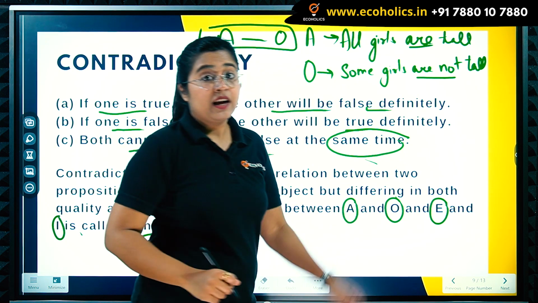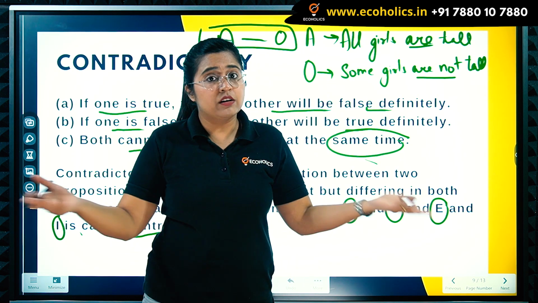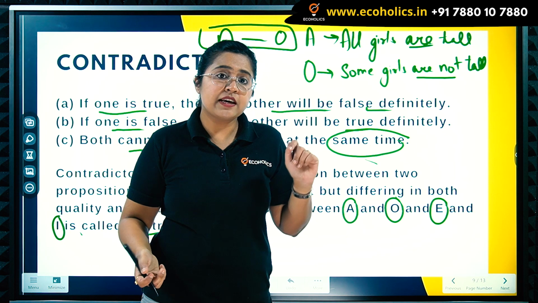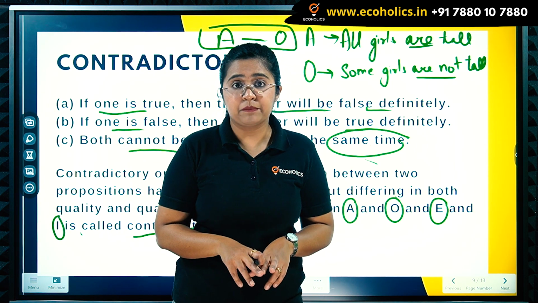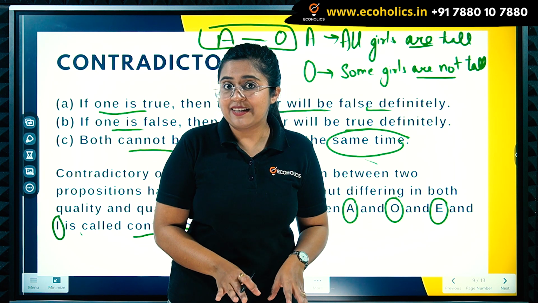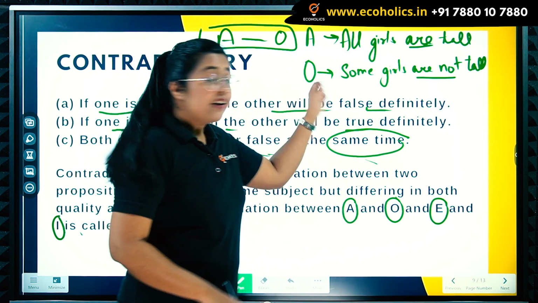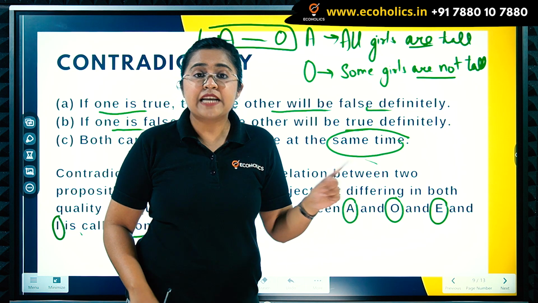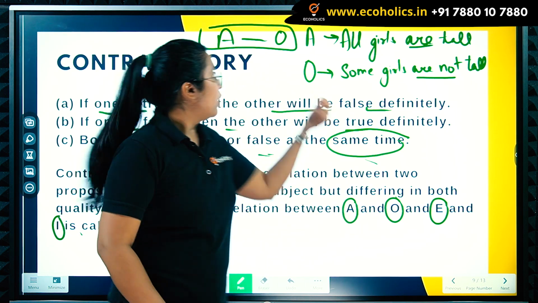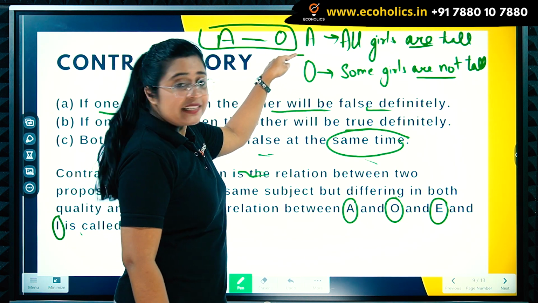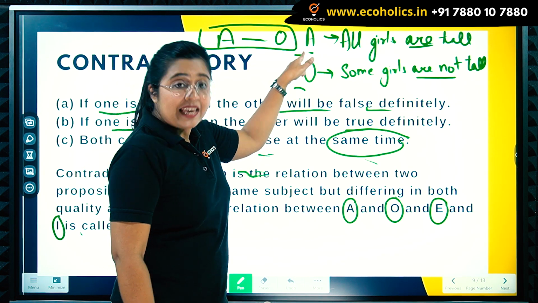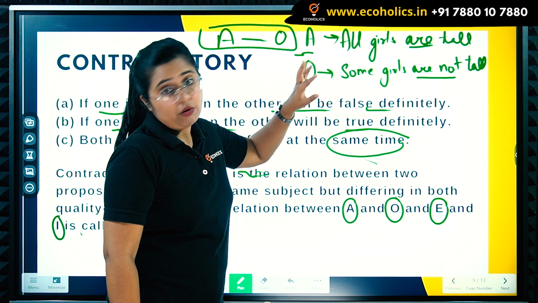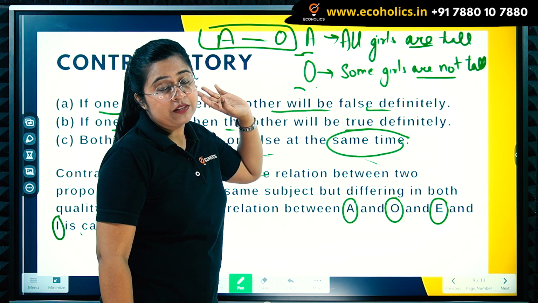At one point you're saying all girls are tall. At the second point you're saying some girls are not tall. This can't be true at the same time, or false at the same time. So contradictory statements are identified when either A is correct or O type of statement is correct, or either A type of statement is false or O type of statement is false, right?